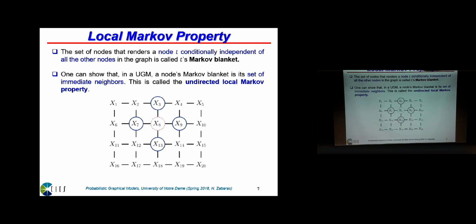The local Markov property is defined in terms of the immediate neighbors of a node. If you fix the immediate neighbors, that's the Markov blanket, and the node becomes separated from all the other nodes. So this is the local property: you just look at the neighbors of a node.